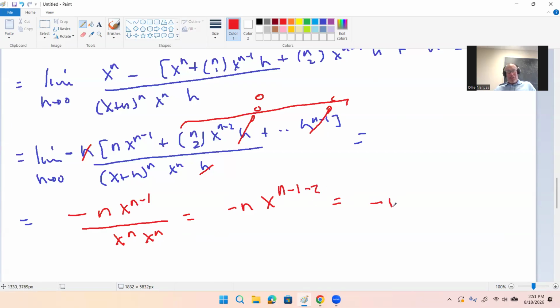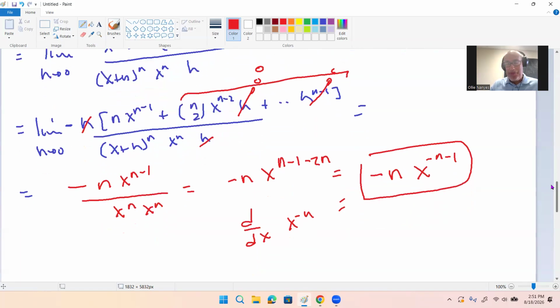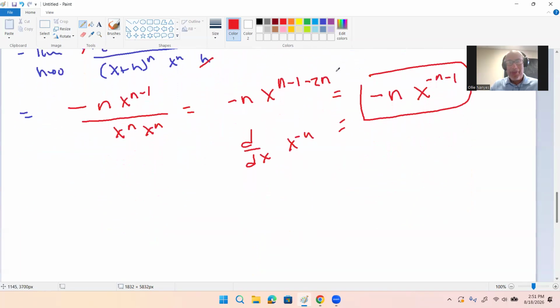And that's not minus n x minus 2n, my bad. And that turns out to be minus n x to the minus n minus 1. And that is the derivative of x to the minus n. So we have proved this for negative integers. Okay. So the next question is, what about fractional powers?